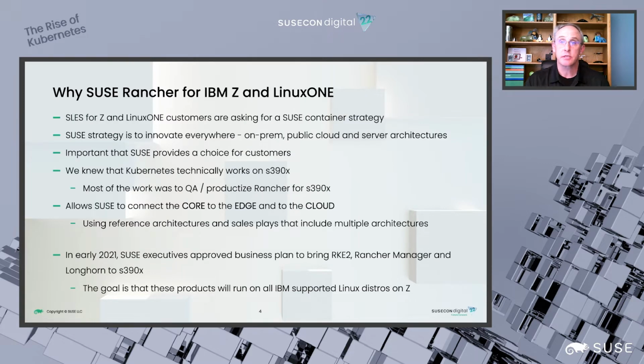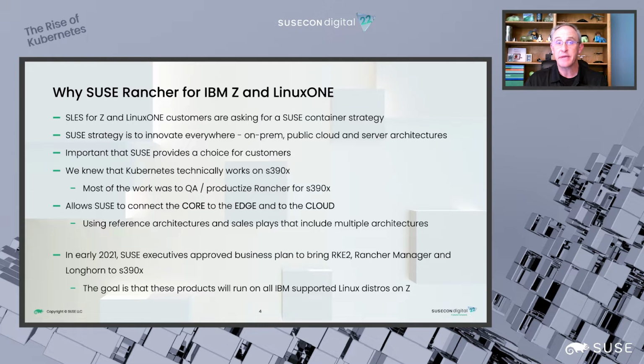So let's start with answering why SUSE Rancher for IBM Z and LinuxONE. SUSE was the first to bring enterprise Linux to the mainframe. We have many customers using SUSE Linux Enterprise Server on their IBM Z and LinuxONE systems.